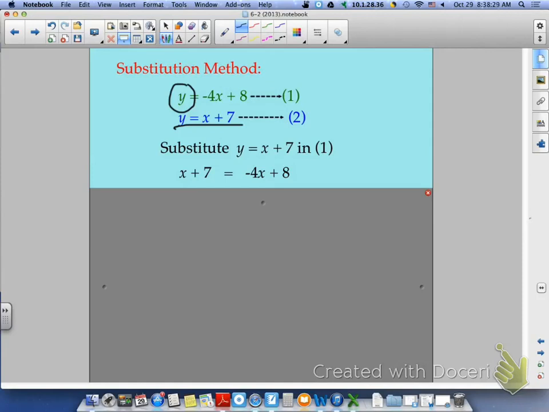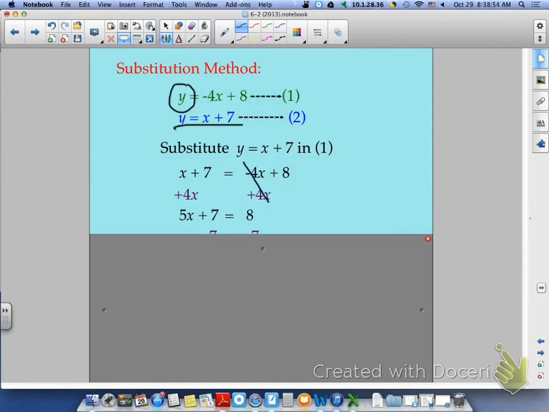So what two terms should I combine first? 7 and 8, you want to do that first? Let's see. I think I want to do the x terms first. So I'm going to add 4x to both sides. And I have 5x plus 7 equals, these two will cancel out. And I have 5x plus 7 equals 8.